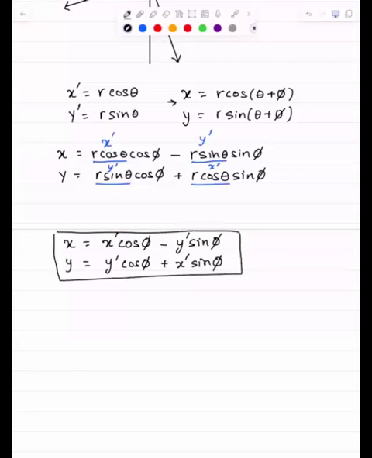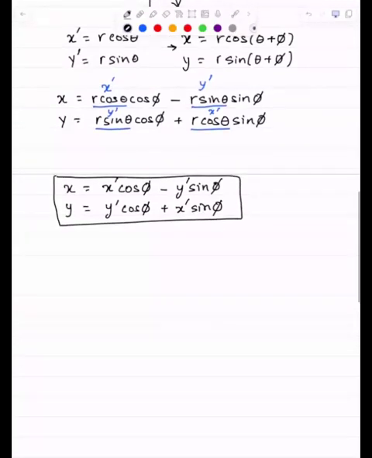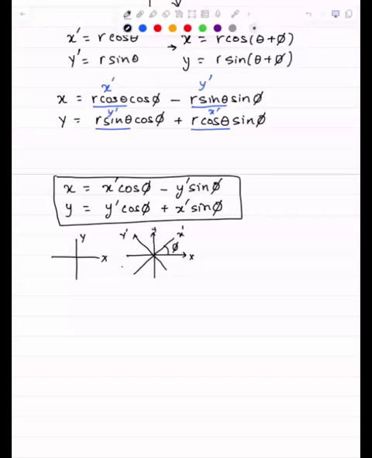So that means, suppose I've taken an x and y axis and rotated it by some angle, whatever angle I want, say phi. I have a new x prime, y prime, and this is my old x and y, right?